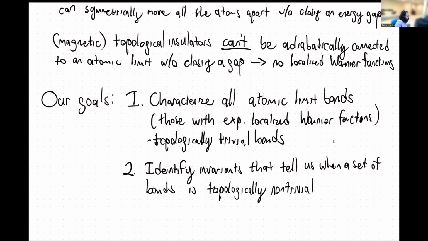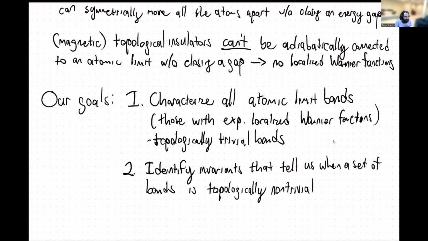Good. So there are two possibilities. Either the Wannier functions respect the crystal symmetries, but have power law tails, so they decay as 1 over x to some power at large x as opposed to exponentially.